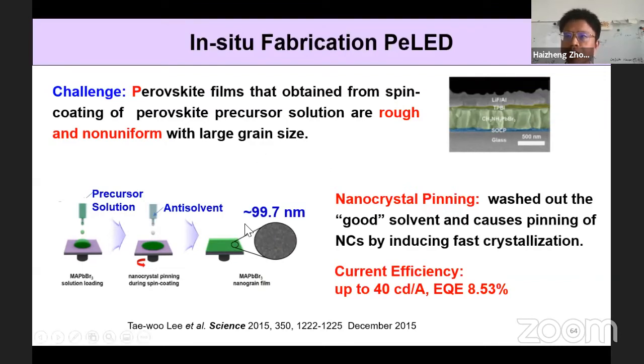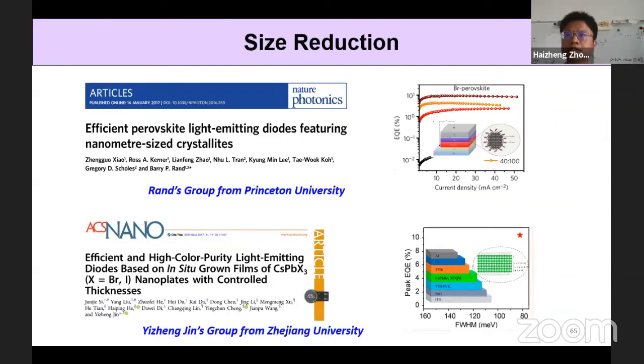He reduced the size to 100 nanometers and achieved a current efficiency of 40 cd per amp with an EQE of 8.53%. This is a very interesting result and inspired other investigations.